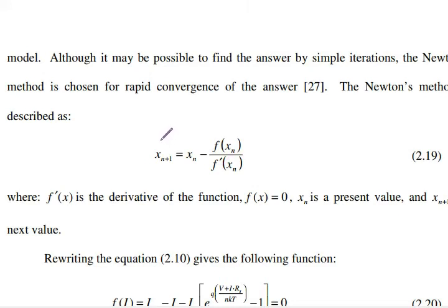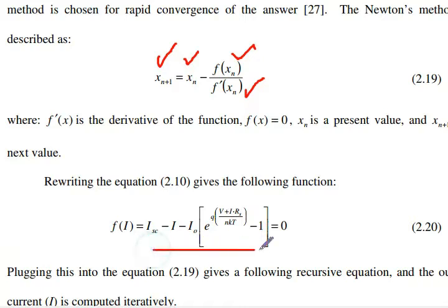you calculate the value of n dependent variables in non-linear complex relationships by this method. For the next iteration, you take the previous iteration value and subtract the function divided by the derivative of that function.